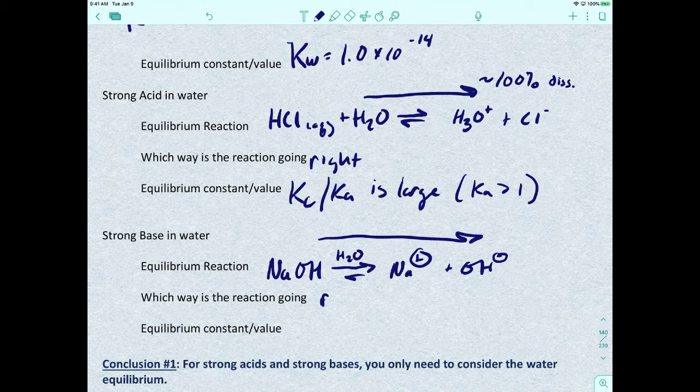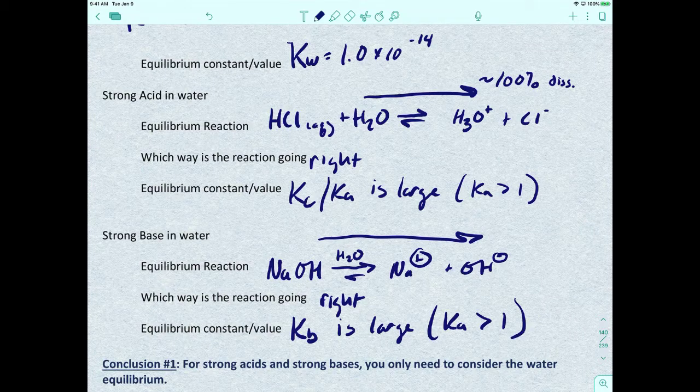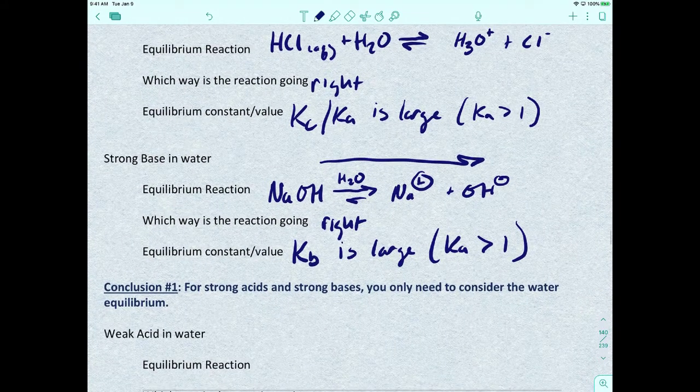Even though we could set this up as an equilibrium, the reaction lies all the way to the right, favoring product formation. So Kb for this reaction is also large, greater than 1. The first conclusion we can make is that for a strong acid or strong base, you only need to consider the water equilibrium.